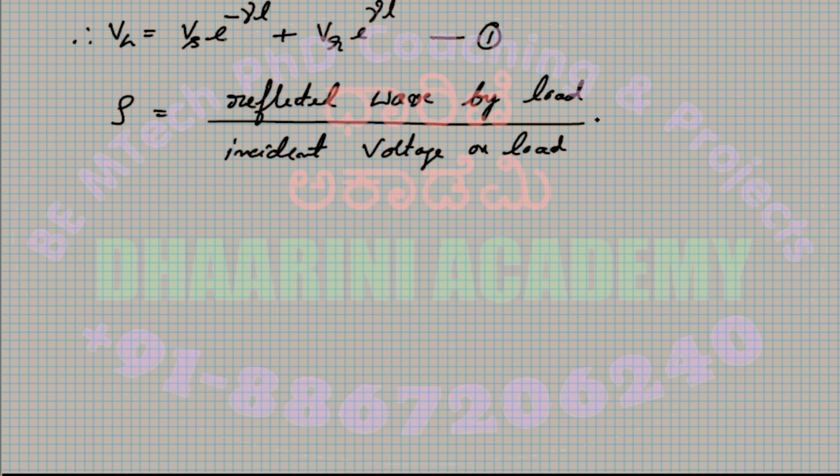If I replace the terms using the equation, the reflected component is Vr e to the power gamma L, all divided by the incident component, Vs e to the power minus gamma L.